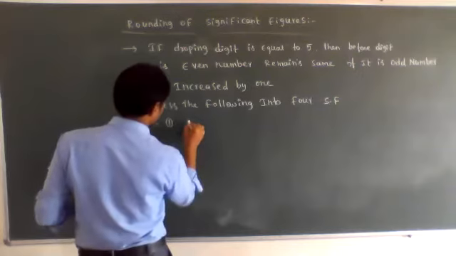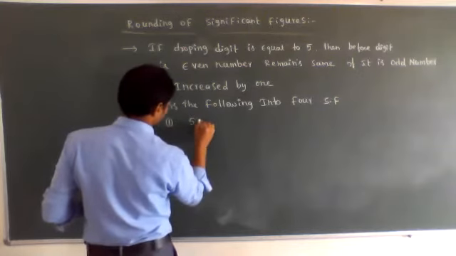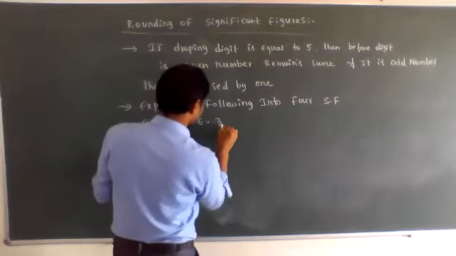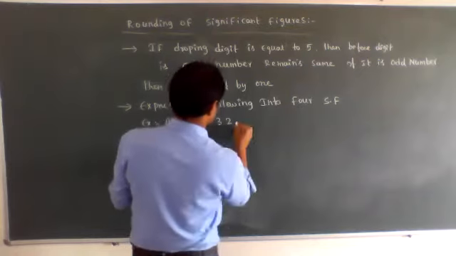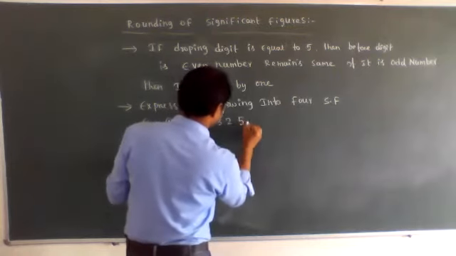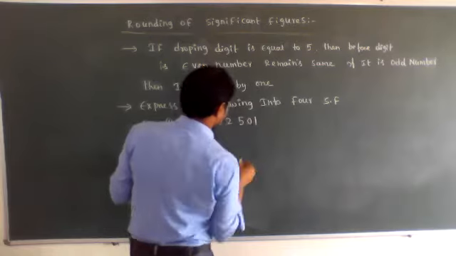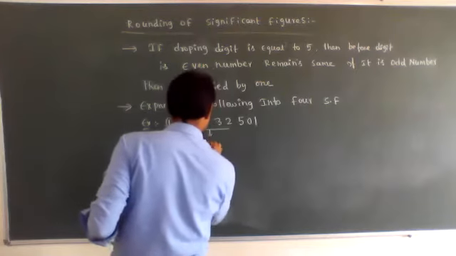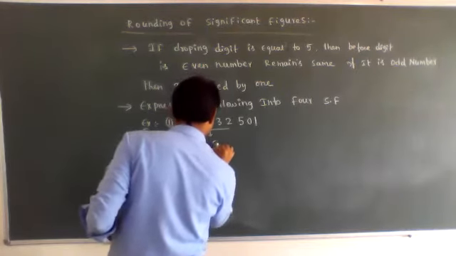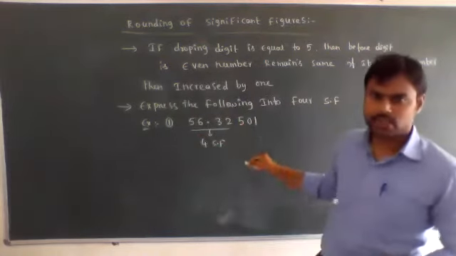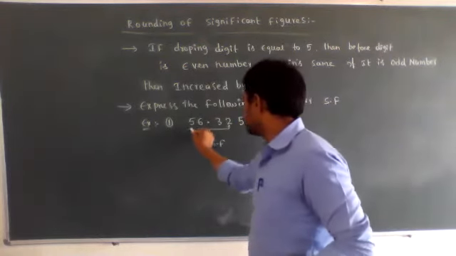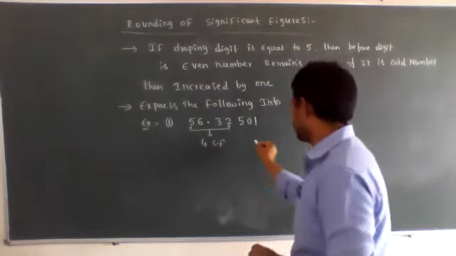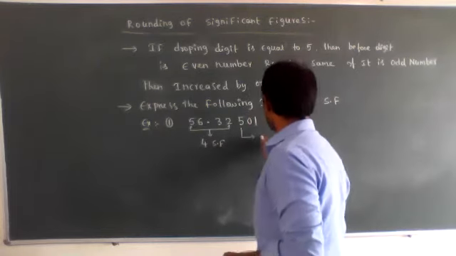First one, 56.32501. See here, 56.32. Up to here it is 4 significant figures. The answer also we need to express in 4 significant figures. Now the dropping digit is 5.